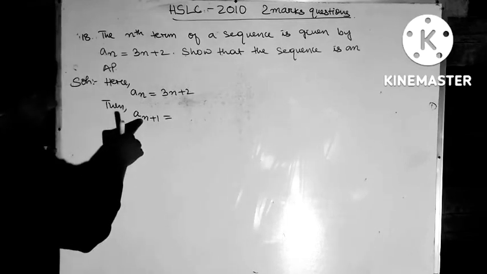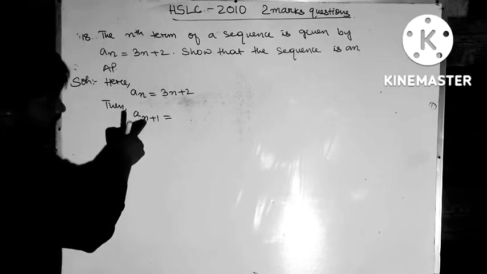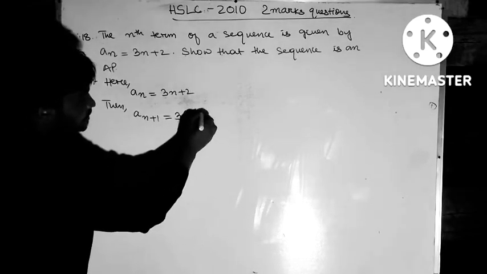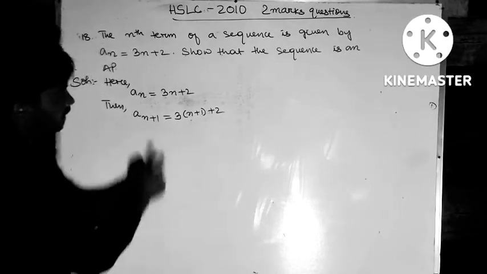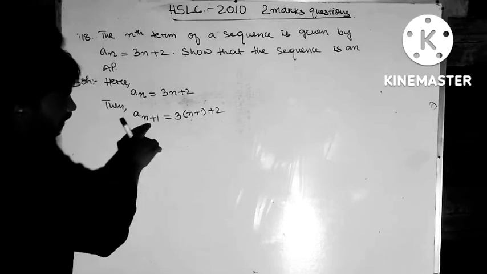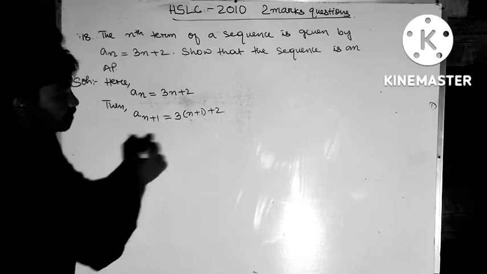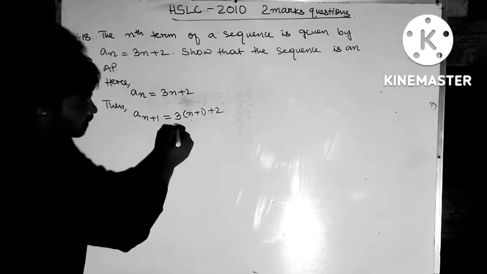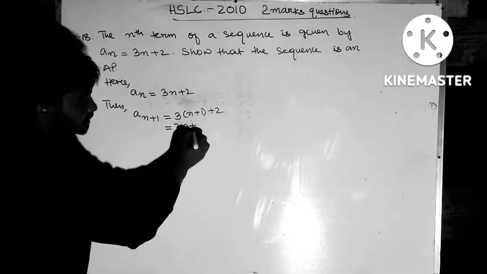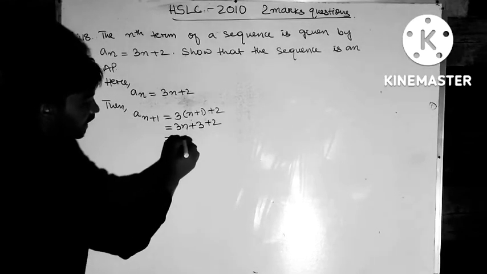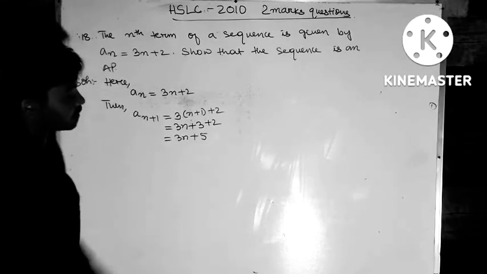Wherever there is n, you put n plus 1. Then what do we get? 3 into n plus 1 plus 2. In place of n we are putting n plus 1. Now 3 into n is 3n, plus 3 times 1 is 3, plus 2. What do we get? 3n plus 5.